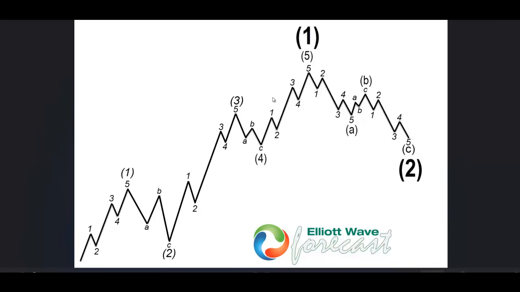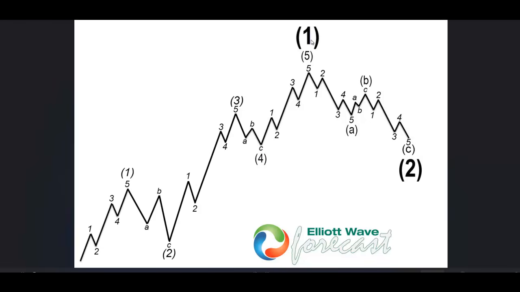Then 4, and 1, 2, 3, 4, 5 makes 5 with parentheses and a 1 in the higher degree. So a 5-wave is 5 subdivisions of 5 waves in lesser degree. It makes a higher degree time frame, right? So technically, that is what a 5-wave advance looks like, right?